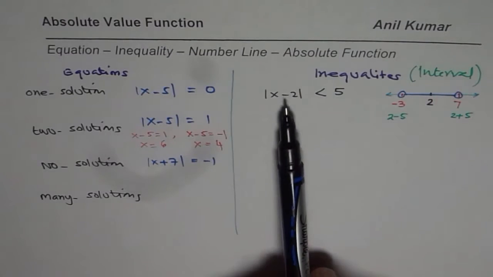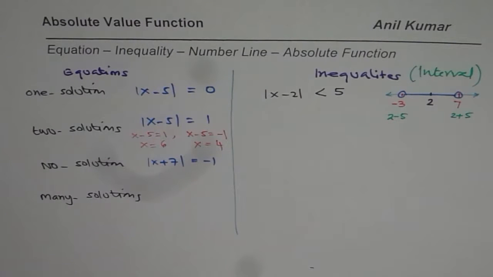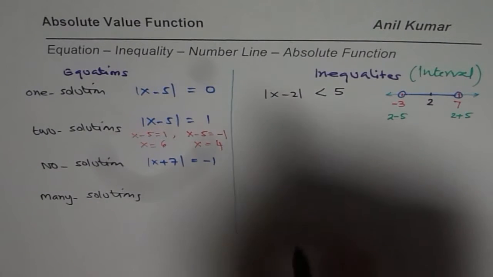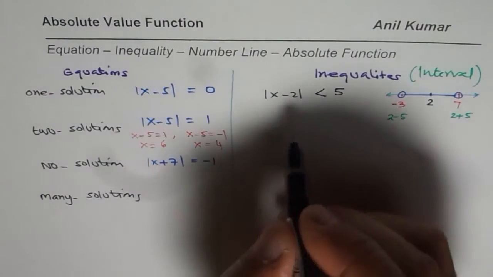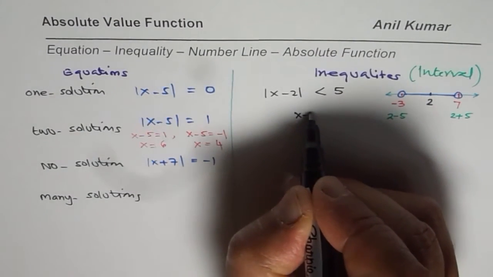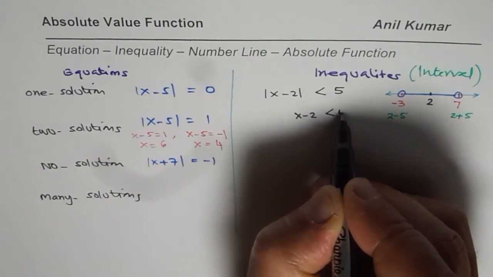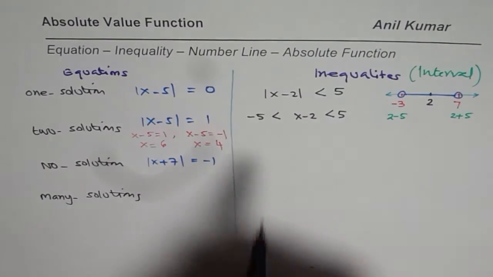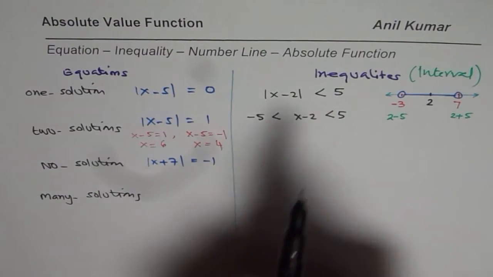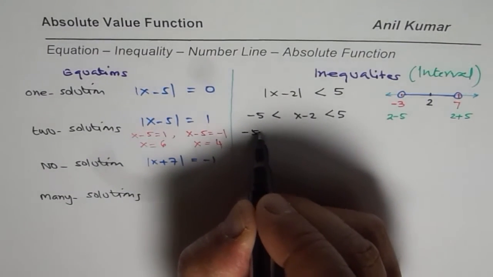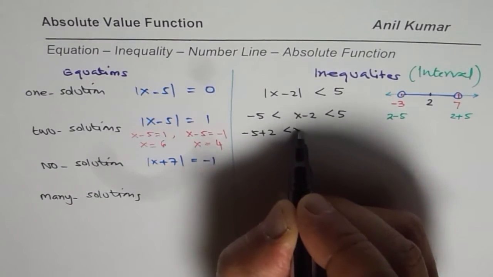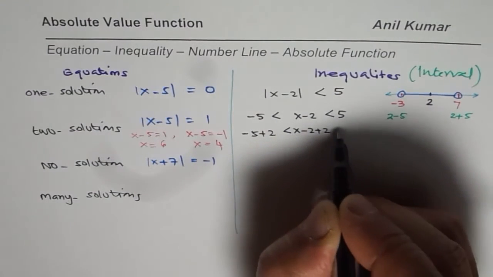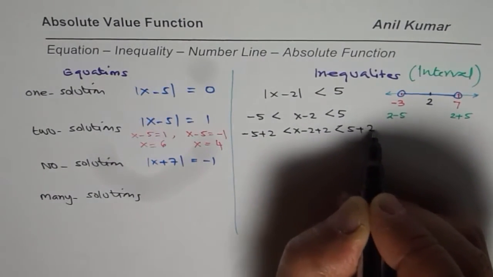Now, to solve such an inequality, the strategy which you will learn is like this. You could write this as x minus 2 should be less than 5 but greater than minus 5, right? And to solve this, we can add 2 on both sides. So we have minus 5 plus 2 is less than x minus 2 plus 2 is less than 5 plus 2.